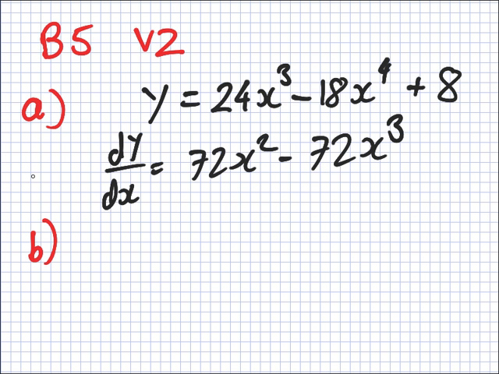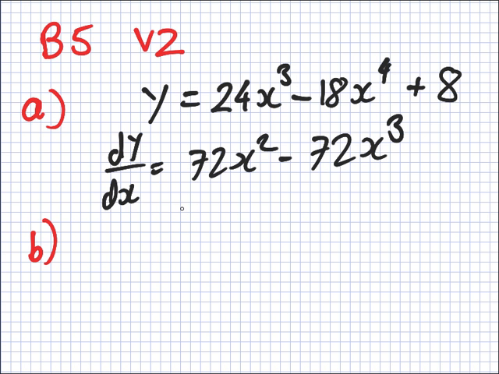Continuing now. So, part B. Show that there are stationary points when x equals 0 and x equals 1. Right, so let's get the stationary points here. What do we do to get the stationary points? Set it equal to 0.